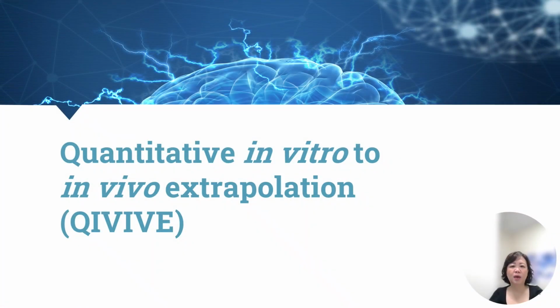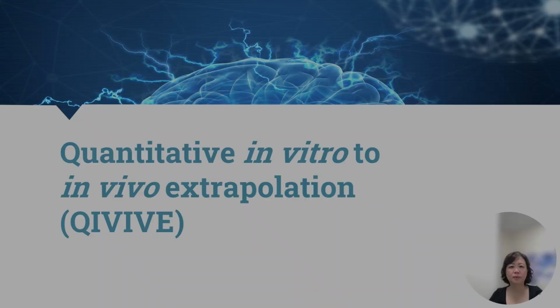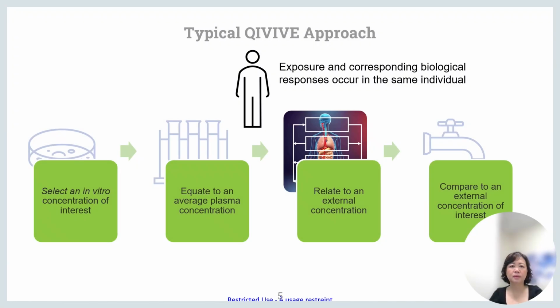Let's start with a quick review of quantitative in vitro to in vivo extrapolation. This process involves correlating a selected in vitro concentration of interest to an in vivo internal concentration, such as the average plasma concentration.